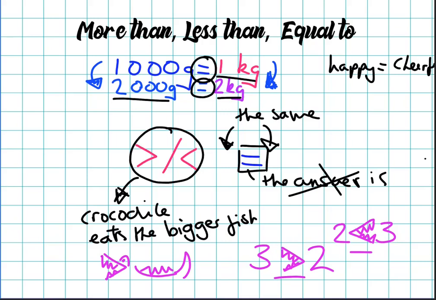Those are the things you're going to need to know to answer the questions. You're going to need to know how many grams are in a kilogram, and which symbols to use and when. Okay, we're going to look at some practical examples. So let's move on to that.